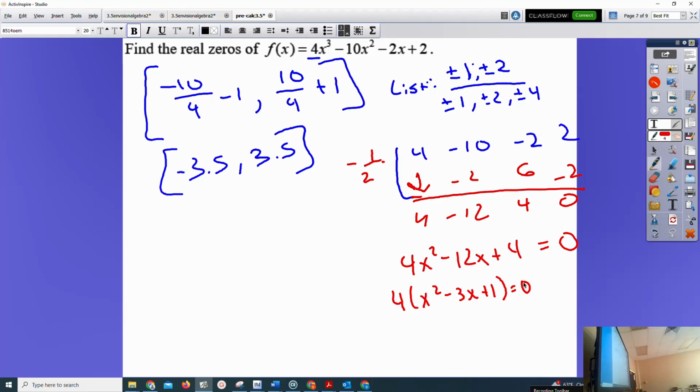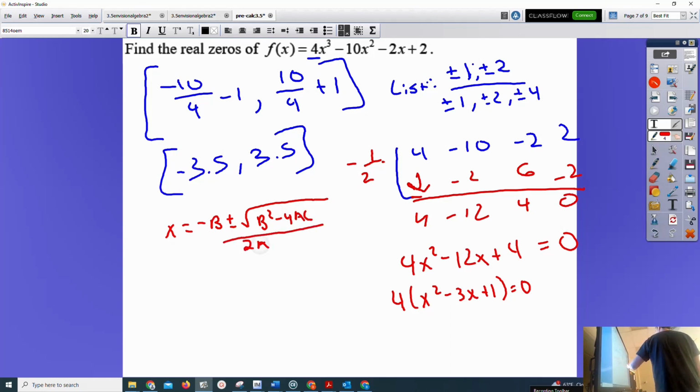Is it going to factor? No. So you can send the students home. Yay! The quadratic formula: x equals negative b plus or minus the square root of b squared minus 4ac, all over 2a. So also just minus 4.